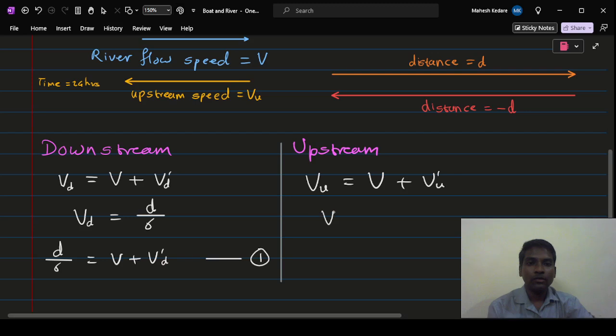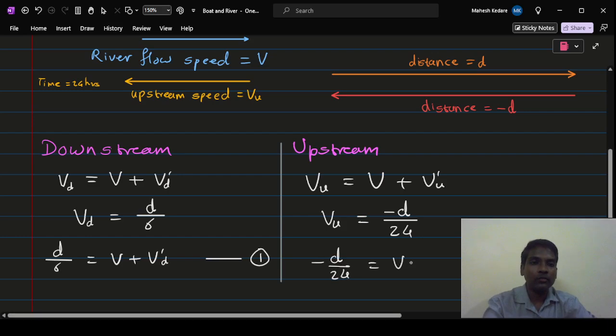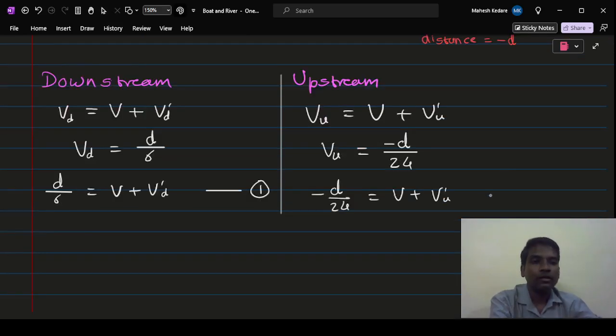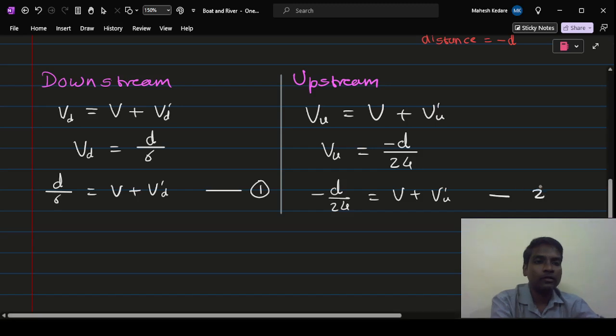So the speed of the boat as measured from the ground will be the distance it travels, which is minus d for upstream, divided by the time taken, which is 24. So we replace Vu by minus d by 24 and we get the equation minus d by 24 equal to V plus V dash u. Let's denote this equation as equation 2.